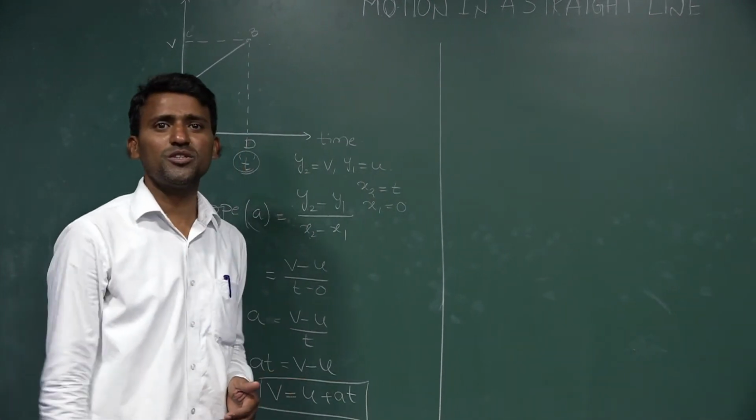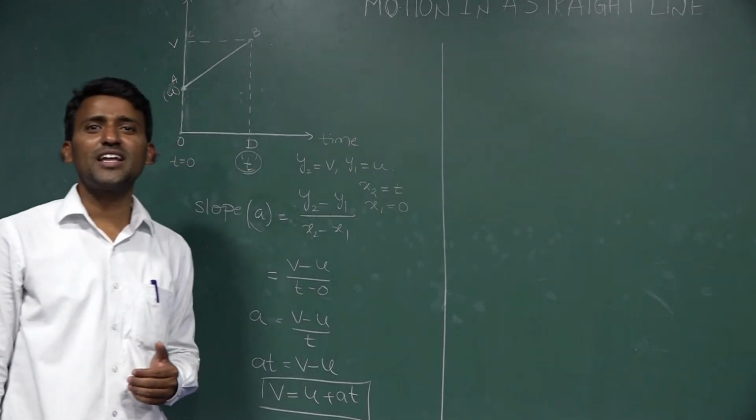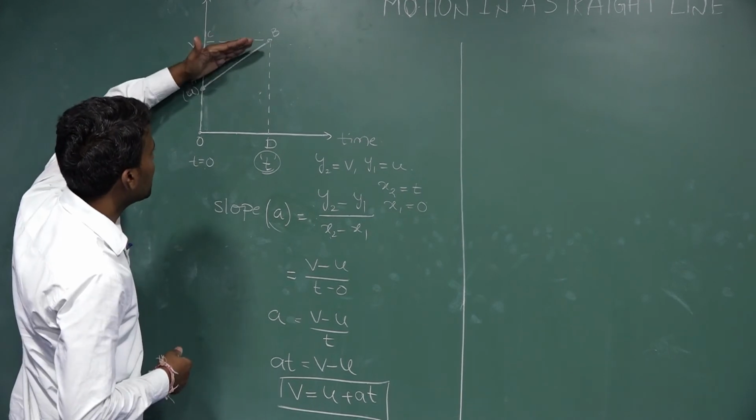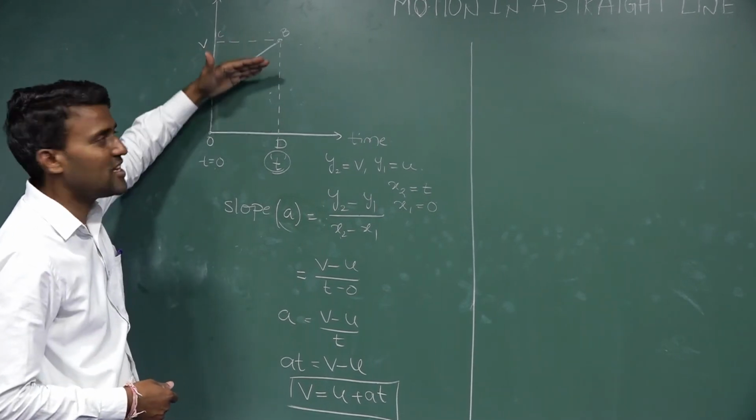To find the second equation of motion, we have to calculate the area under the curve.